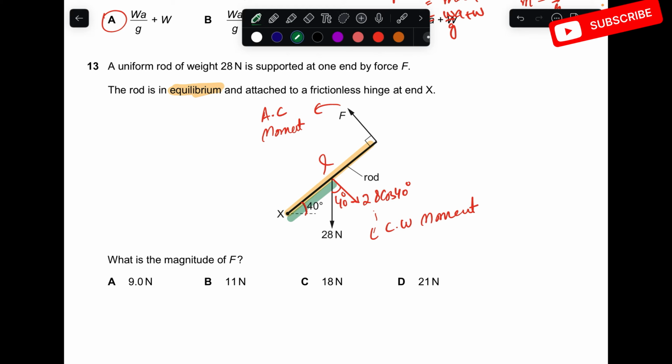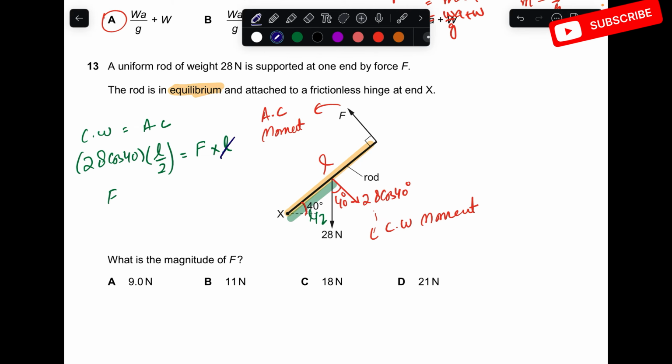Let's call this L by 2 because it will be half of the length. So clockwise movement is equal to anti-clockwise movement. Clockwise is 28 cos 40, that is the force, times L by 2, that is the length, equal to anti-clockwise, that is F the force, times L the length. You have to find F.